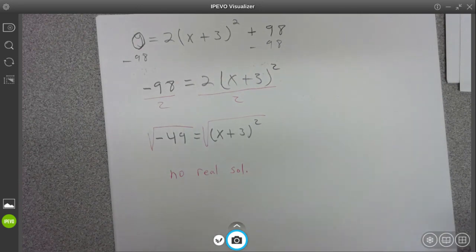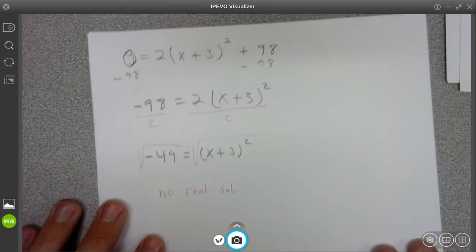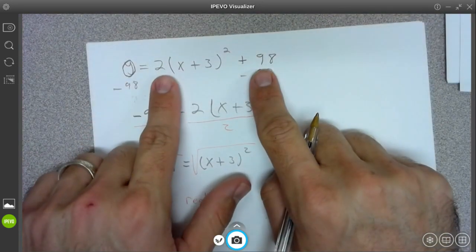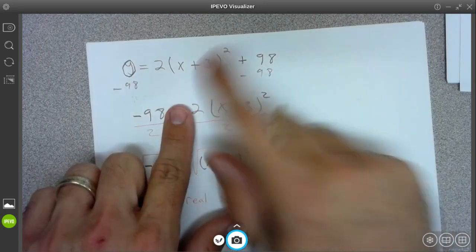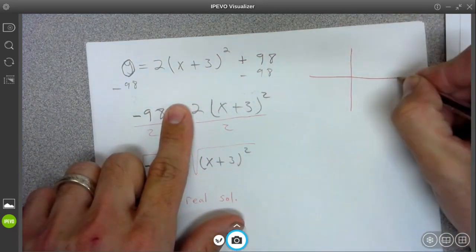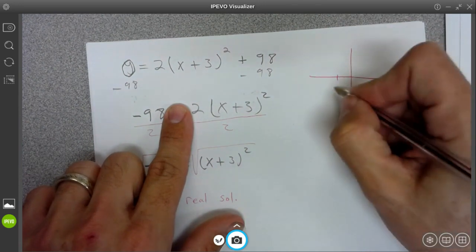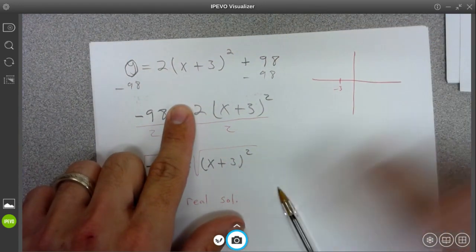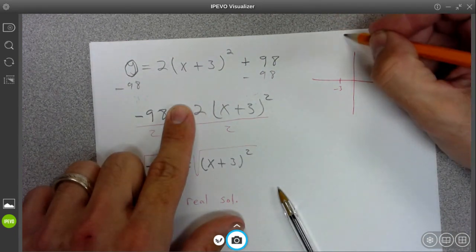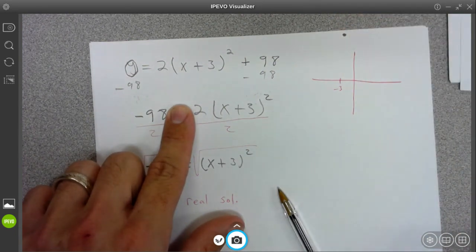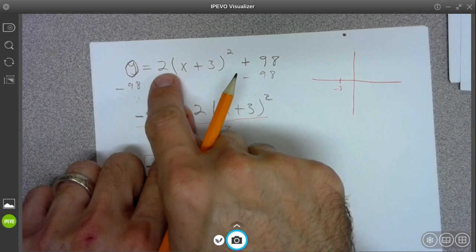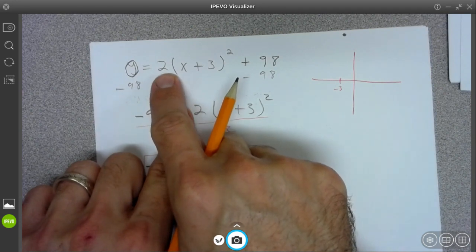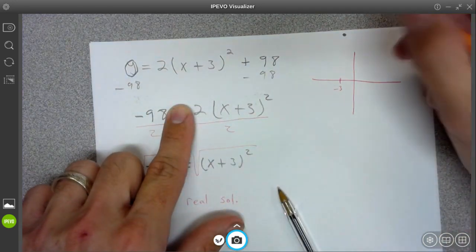Now this was for the x-intercepts. Let me show you why this is. If we were graphing this, it would be 3 to the left and 98 units up. I'm just going to put it up here, something like that. Now because this 2 is positive, we know that this quadratic is going to open upwards.